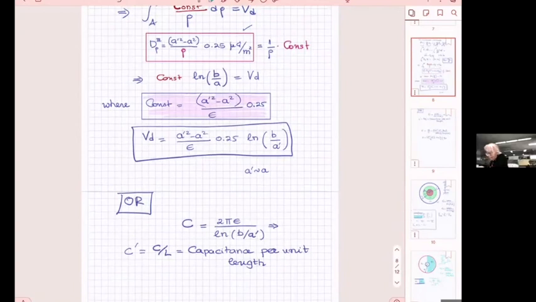Let me look at the value of the capacitance.